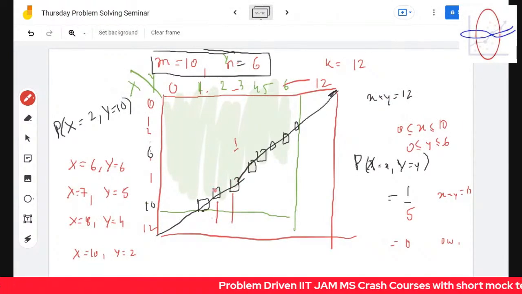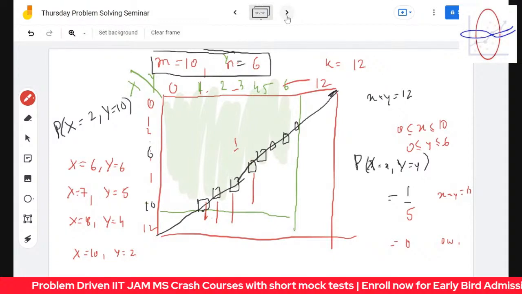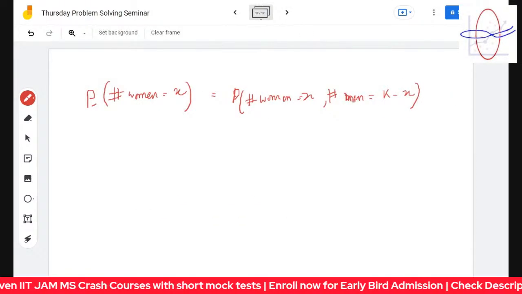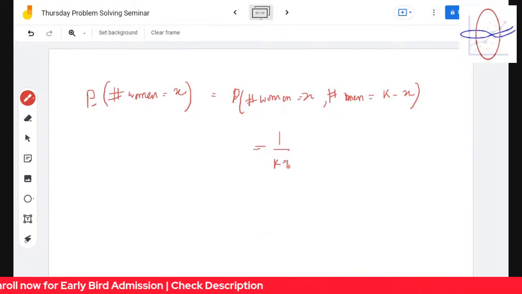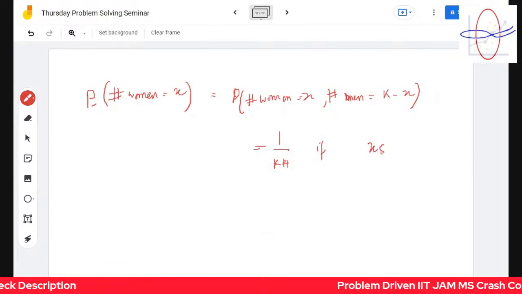The sum is fixed, everything else is 0. Only one case is possible because the size of the committee is fixed, and therefore it is equal to 1 by K plus 1 if X is less than or equal to K and greater than or equal to 0.